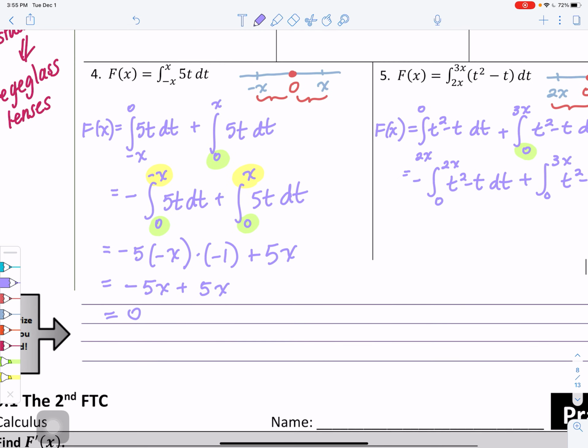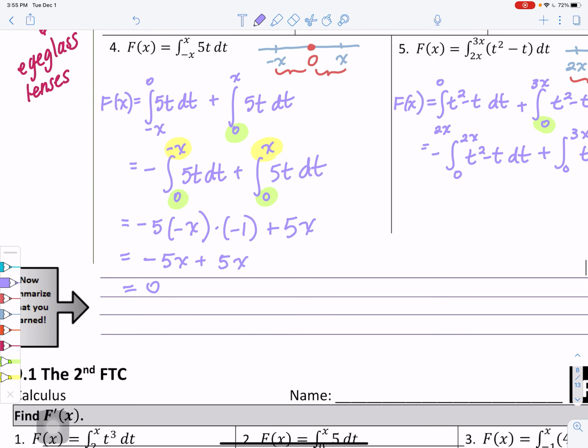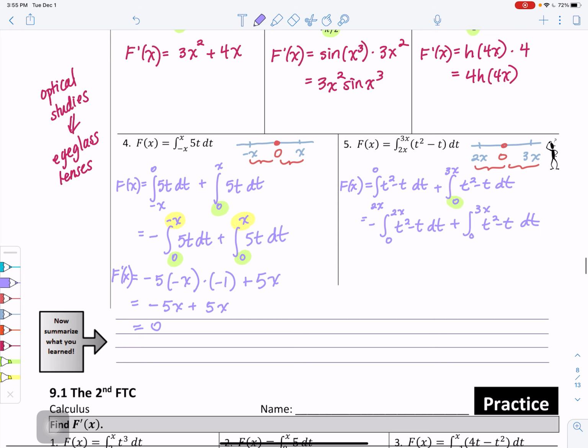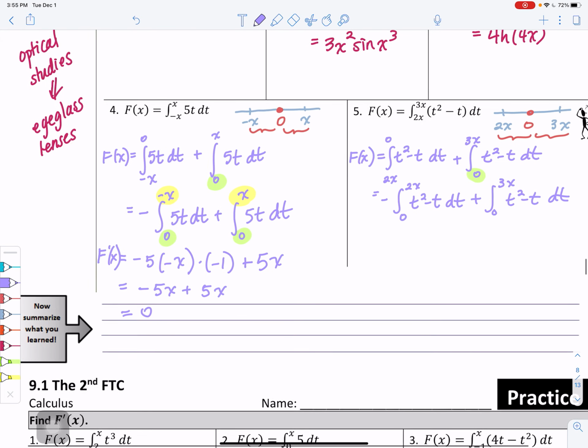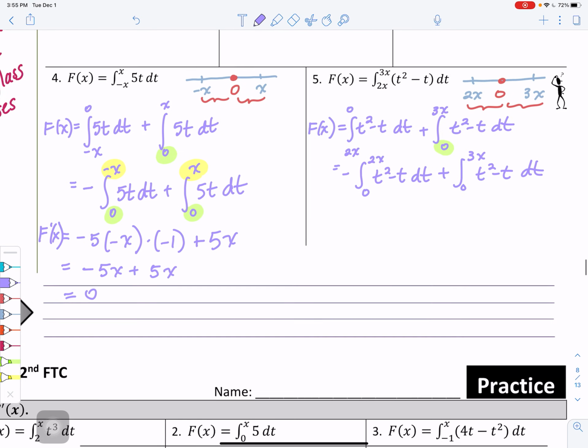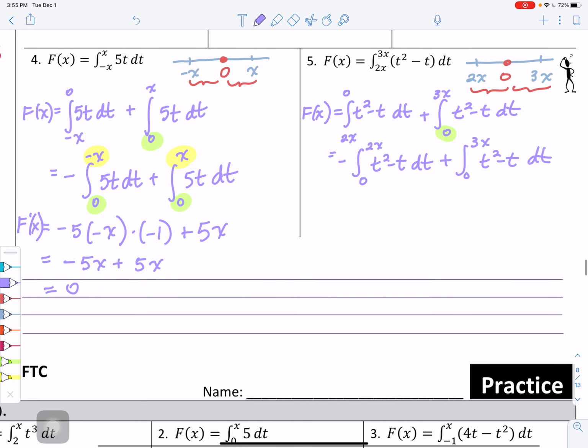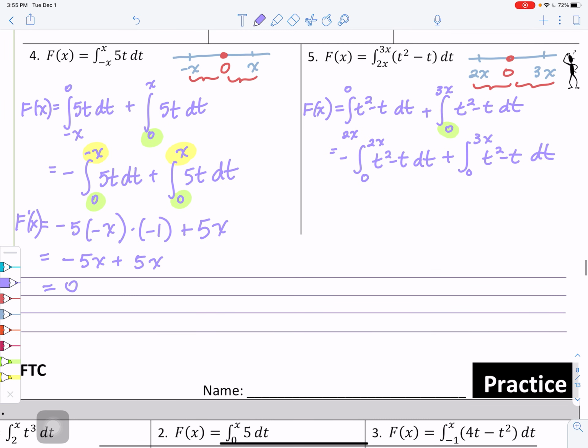I never wrote that, now that I'm getting ready to plug these values in, right here, this was the derivative. We're taking the derivative of these functions that are integrals. So really, you're taking the derivative of an integral.